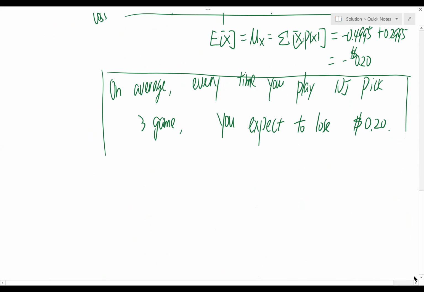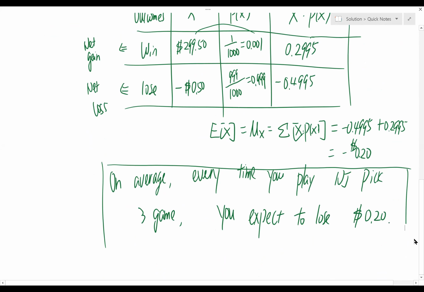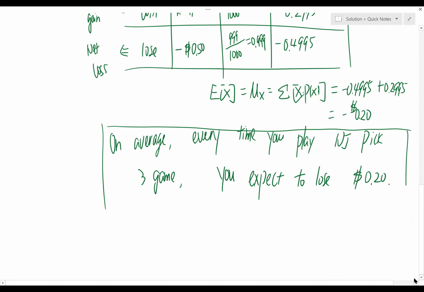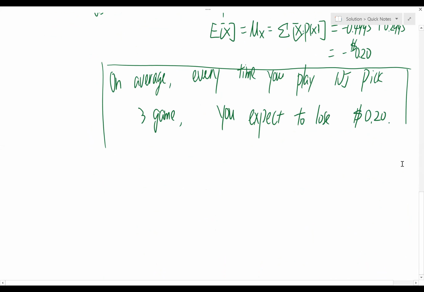Okay. Any question on this expected value? The key thing is to figure out the reward and the loss, and then find the associated probability. Then you just multiply them, and eventually sum up those two products, and you end up with the expected value. Okay, so this is another important concept in chapter 5.